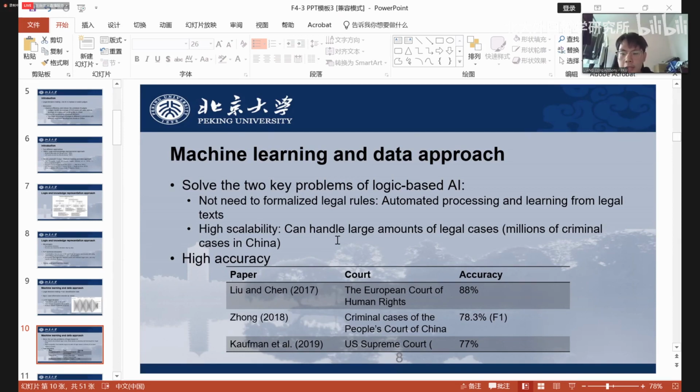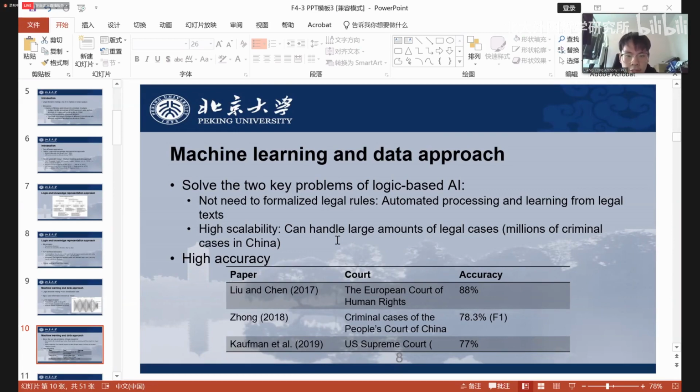For example, in China, there are millions of criminal cases. Machine learning can easily handle all of those millions of cases. It also has a high accuracy.